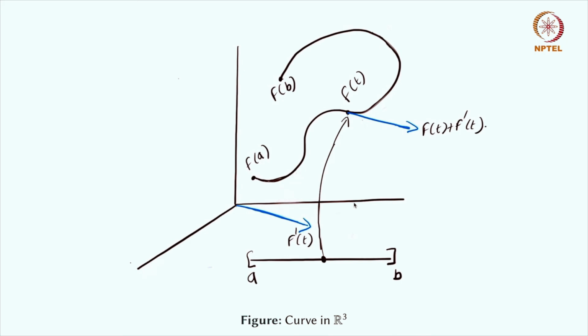Okay, the way I have drawn it, it's not exactly accurate. I've just parallelly moved the thing to the origin, but because this is a three-dimensional picture, you must imagine this vector in an appropriate way. So this is the actual vector f of t plus f prime of t. So this is a very rough and actually somewhat inaccurate picture of what is going on, but it will convey the basic idea to you.